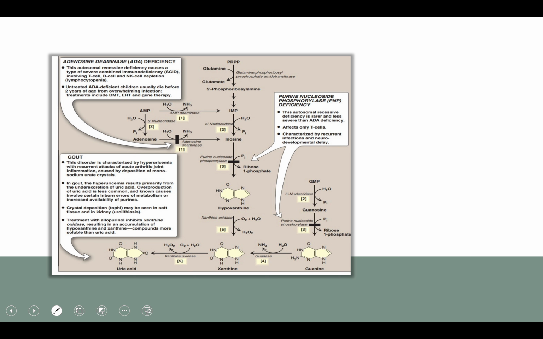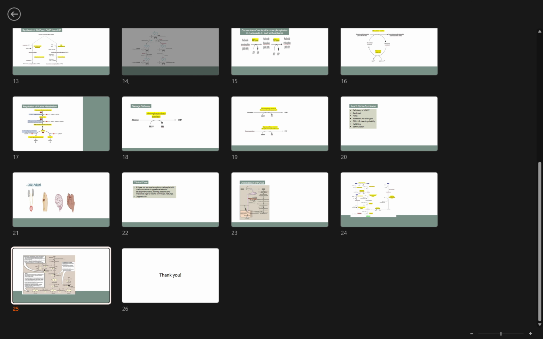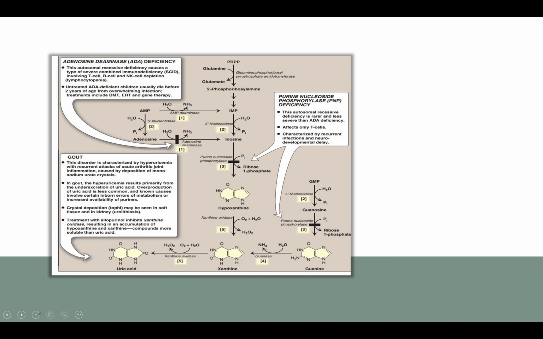Now we look at the deficiency disorders in purine metabolism. First, as we have discussed, it is Lesch-Nyhan syndrome. Second, which is important, is gout. Third is ADA deficiency. Fourth is PNP deficiency.